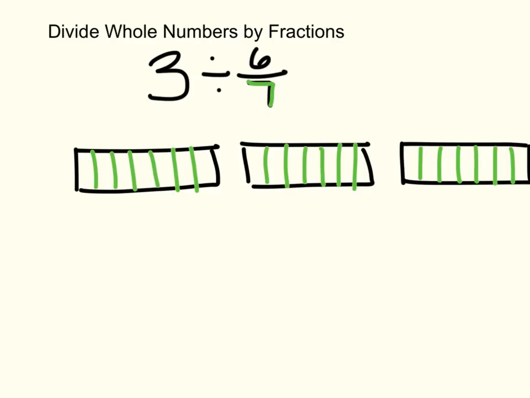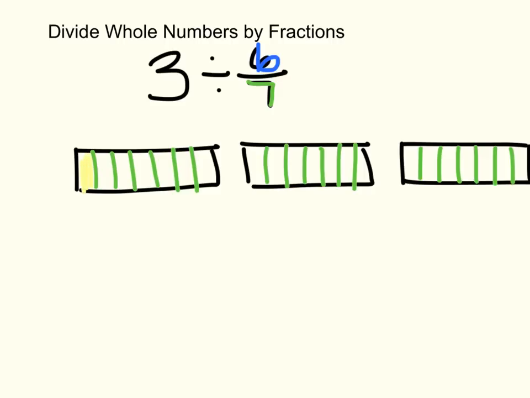Once I have those, I'm going to start making my groups of 6. This is the question that we're asking. How many groups of 6 that are 1/7 size pieces will fit into 3 whole units? So I'm going to go through and I'm going to start counting.